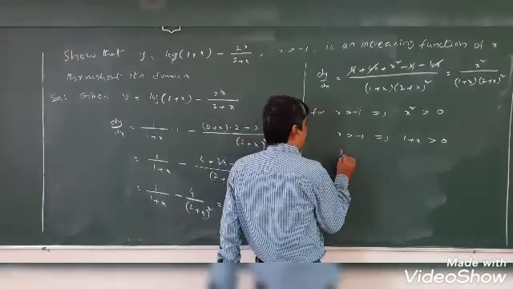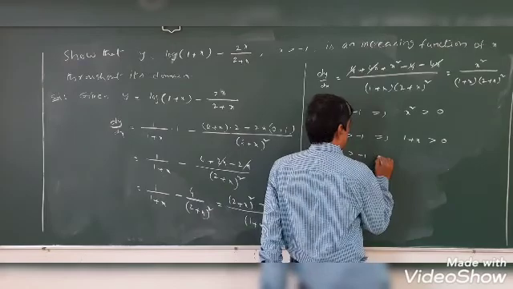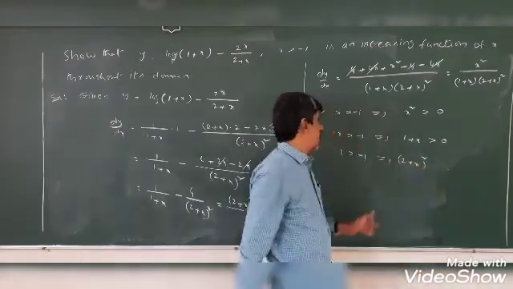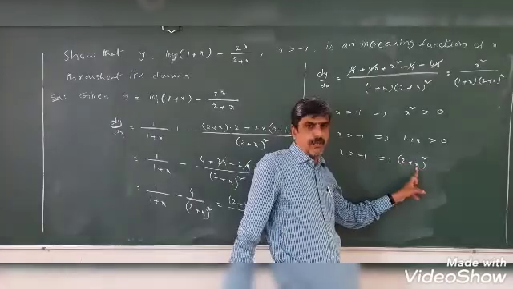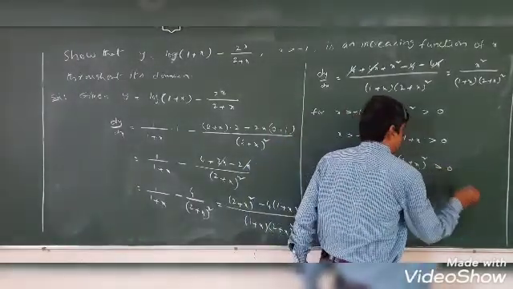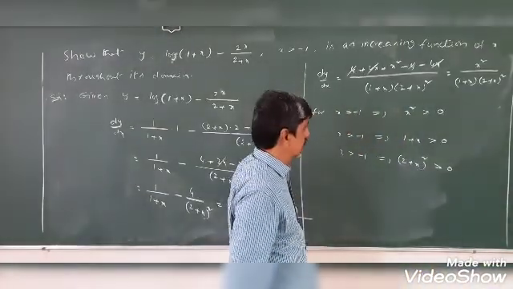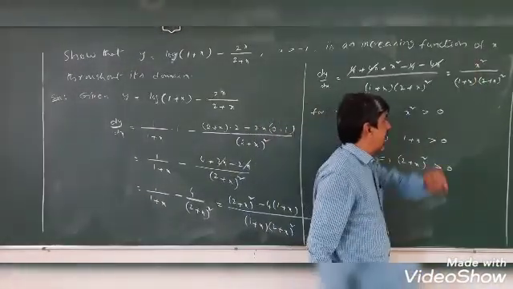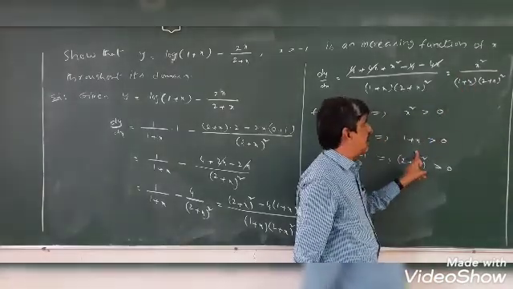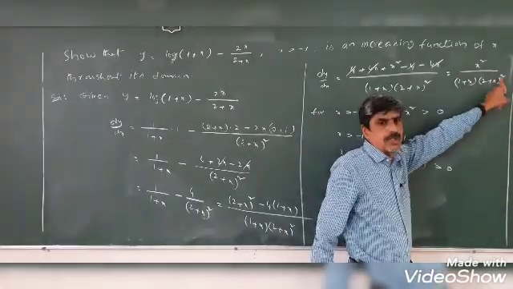Next, for x greater than minus 1, (2 plus x) whole squared is a perfect square, so it is greater than 0. So x squared is positive, 1 plus x is positive, and (2 plus x) whole squared is positive.